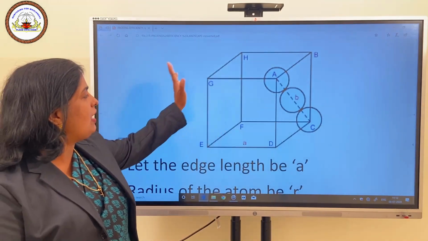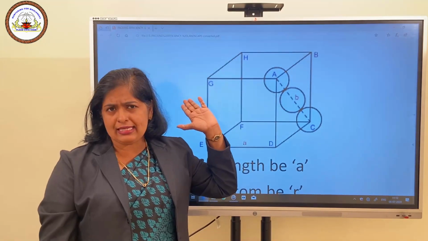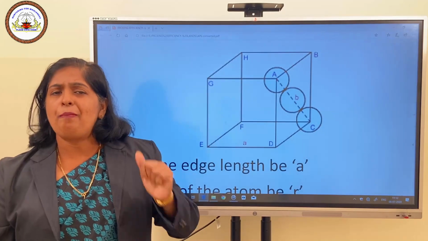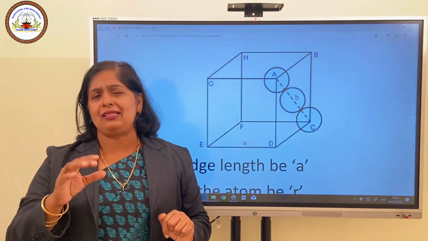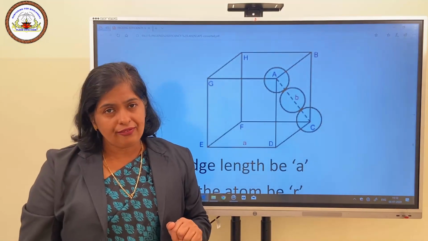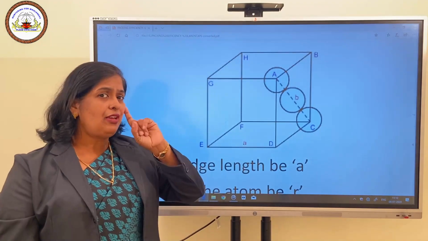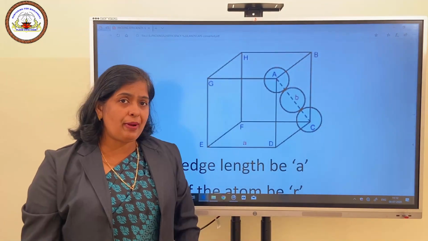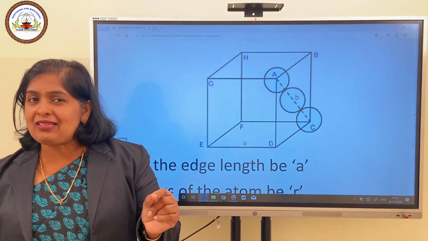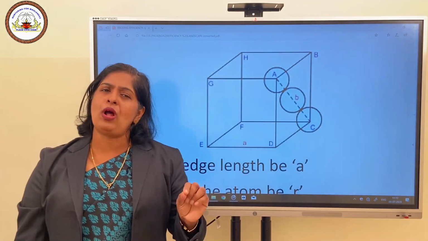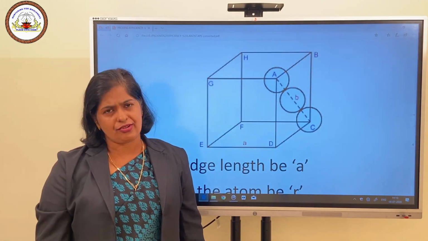Particles are present at all the 8 corners, plus particles are present at the center of each face. Please do remember the expression for packing efficiency, which is number of atoms into volume of one atom divided by total volume of the unit cell into 100.